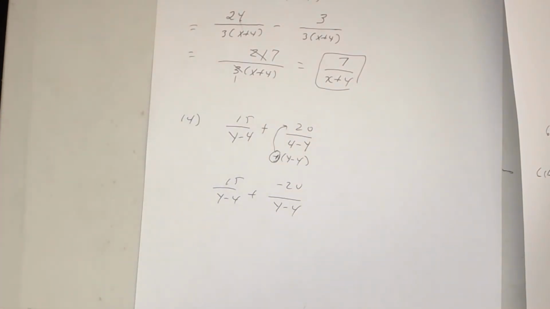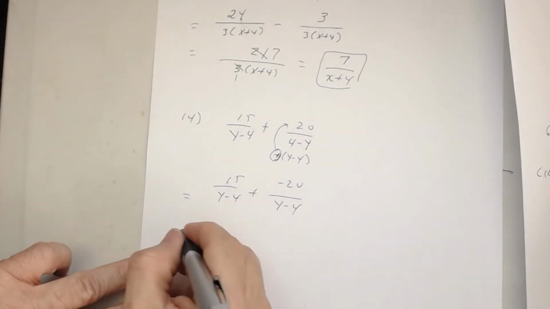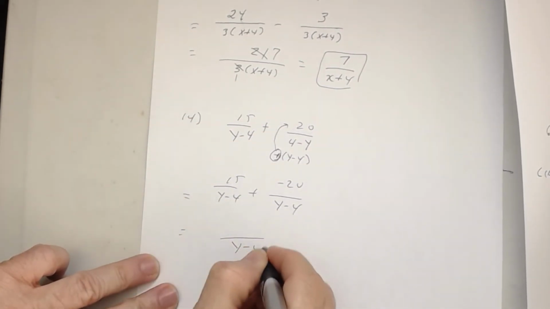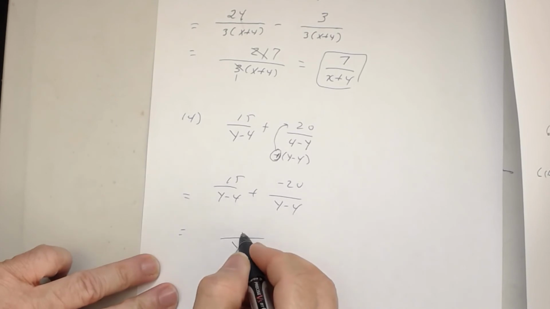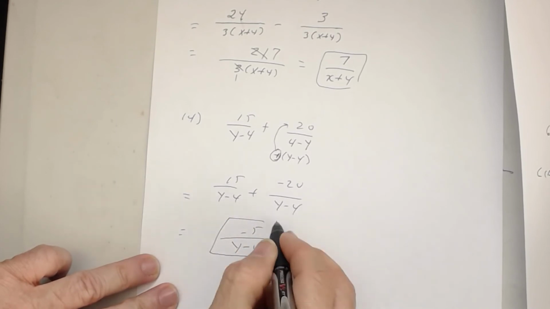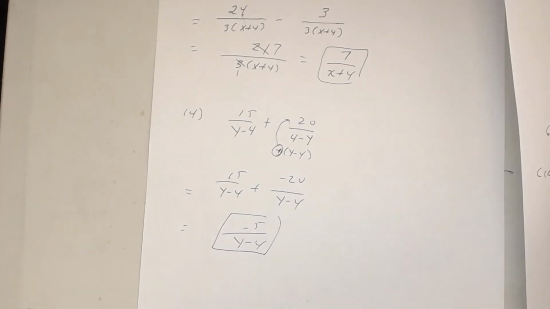No, because the denominators are the same now. So that brings us back to the previous section. I just write as one fraction. So my denominator is y minus 4. What's the numerator? -5. And you can't do anything else. You're done. -5 divided by y minus 4.